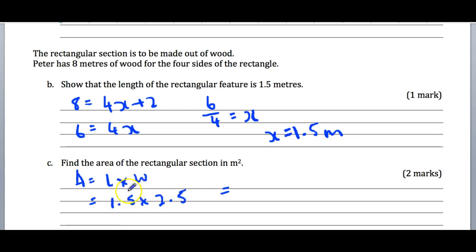I find fractions a lot easier to multiply than decimals. So 1.5 we know is 3 over 2, and 2.5 we know is 5 over 2. And when we multiply fractions, 3 times 5 is 15, and then 2 times 2 is 4. So that's 3 and 3 remainder. So that's 3.75 meters squared.